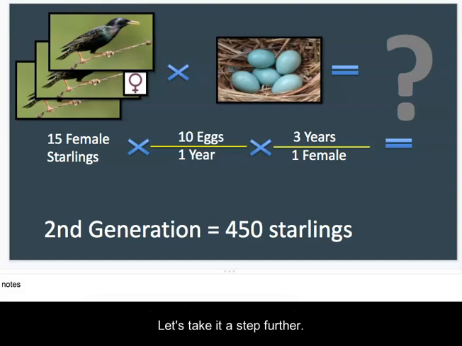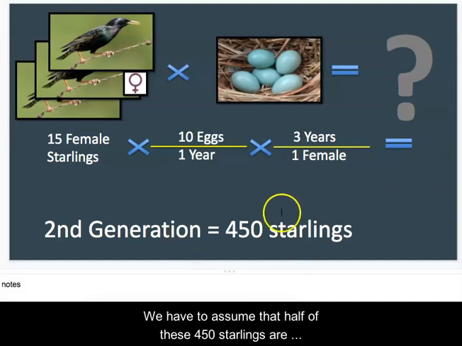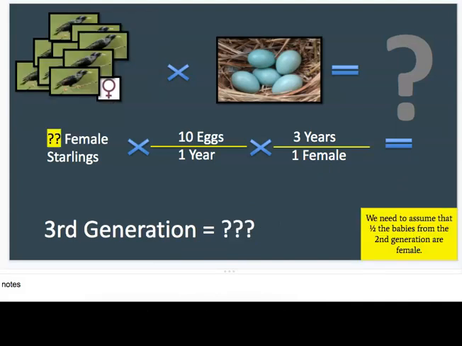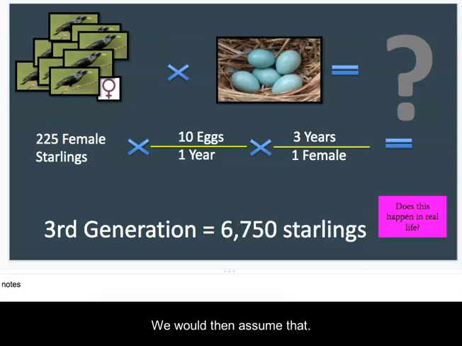Let's take it a step further. What about the third generation? We have to assume that half of these 450 starlings are female and half are male. So we would assume that 225 of them are female.